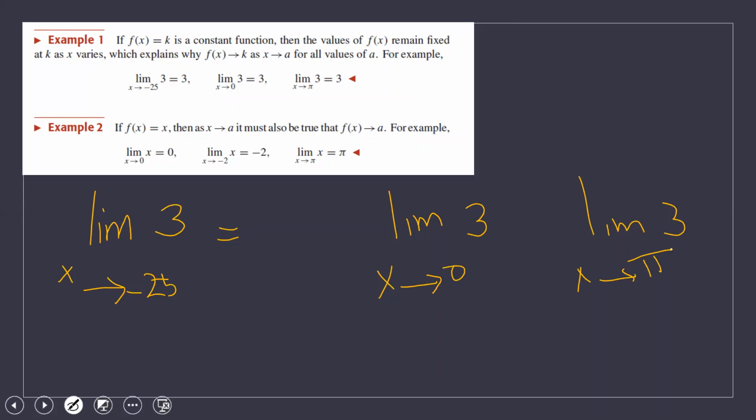As we said before, the limit of any constant, when x approaches any value a, will be the same constant. The limit of 3 as x approaches -25 is 3. If x approaches 0, it is also 3. And if x approaches pi, it is also 3. So the limit of any constant, when x approaches any number, is that constant.